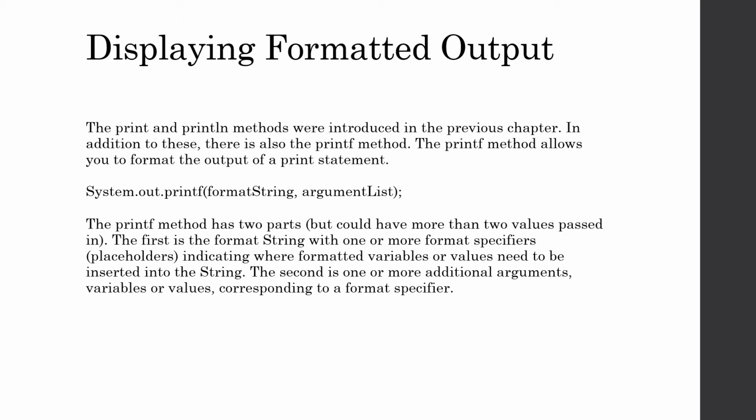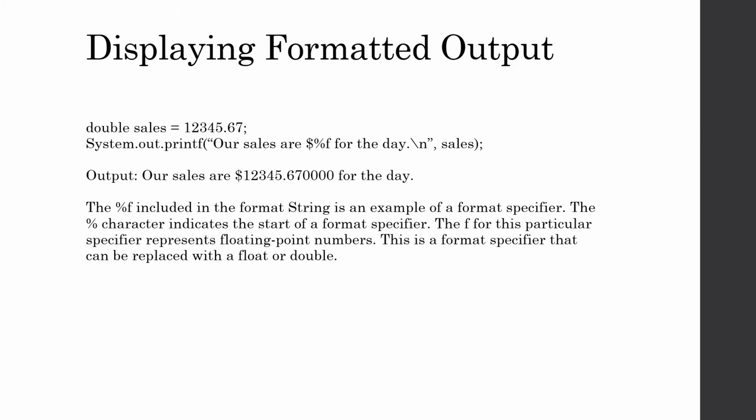So to give you a little example so you can understand what it is that I'm talking about, we can take a look at this little piece of code right here. We've got this double sales that is initially going to be set to 12345.67. And then we have our printf, so system.out.printf, and inside of the parentheses we can see two different parts.